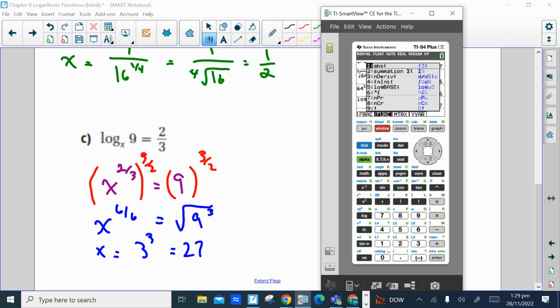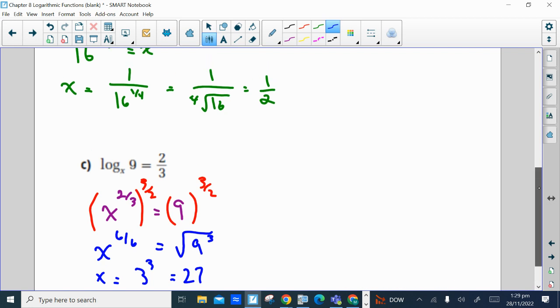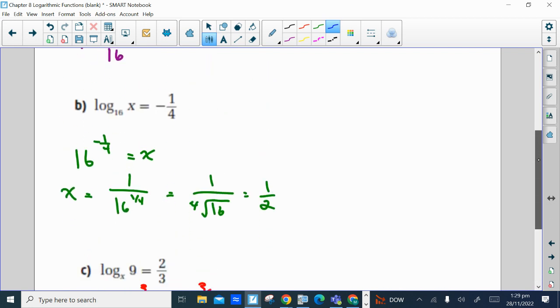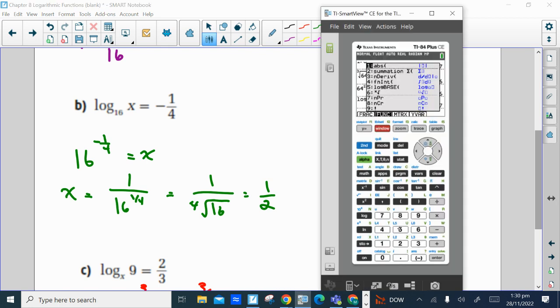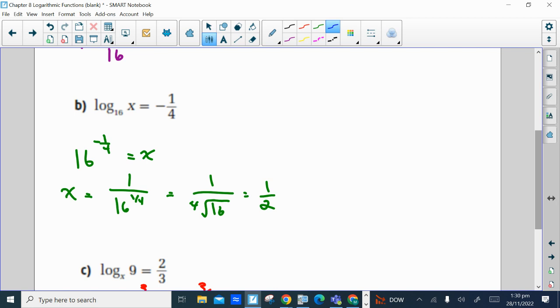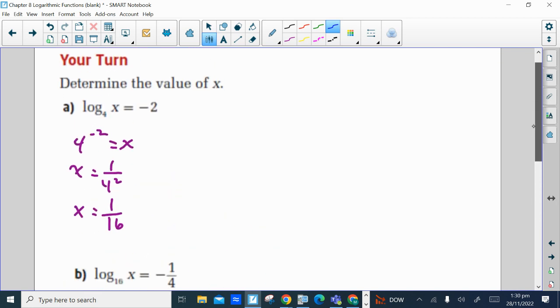Okay, so using this, we could have gone back and checked some of these other ones as well. So for B, we found the answer to be 1/2. Log base 16 of 1/2 should equal negative 1/4. So if I go here and I go log base 16 of 1/2, or 0.5, that should equal negative 1/4, and it does.